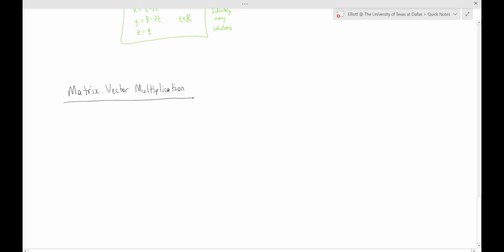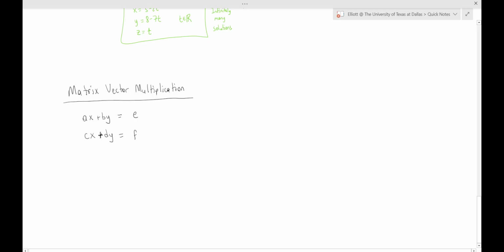Okay. When we have a system of equations, and I'm just going to write down a generic 2x2 example. We've learned how to express this system in many different ways.